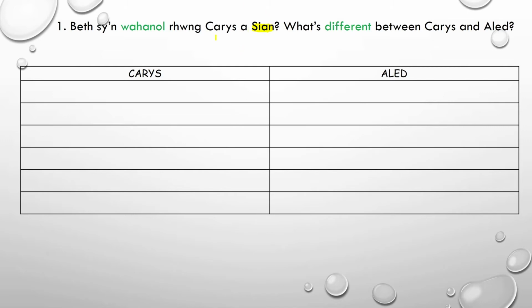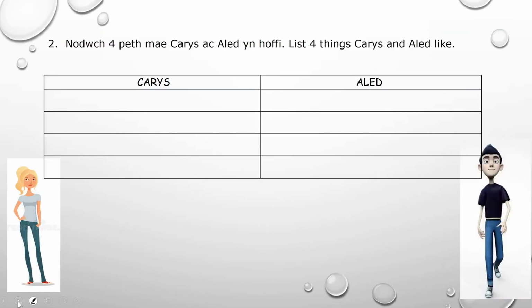The next element is to fill the grid this time, but to note 4 things which Carys and Aled like. Now don't forget, in the text you won't always find the word hoffi, to like.